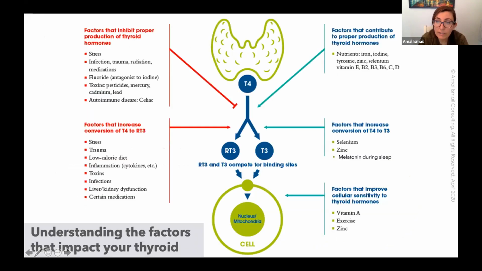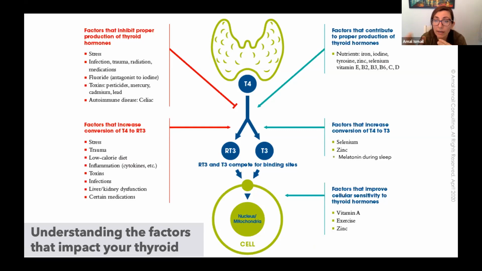Okay, so I love this slide because it gives you an overview of how sensitive the thyroid gland is, and the thyroid hormones, and what factors can actually impact it. So on the left side of the screen, you have things that inhibit function of the thyroid, or increase the conversion of T4 to reverse T3.